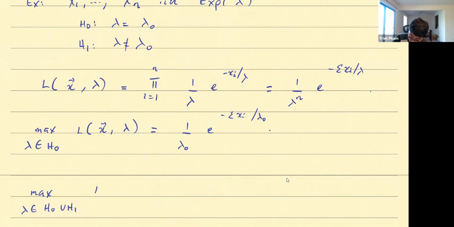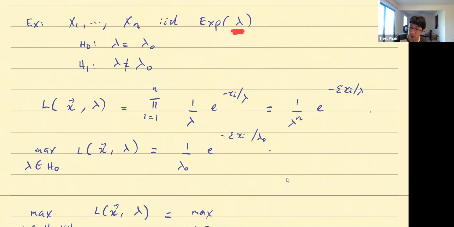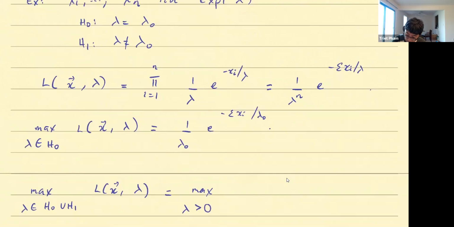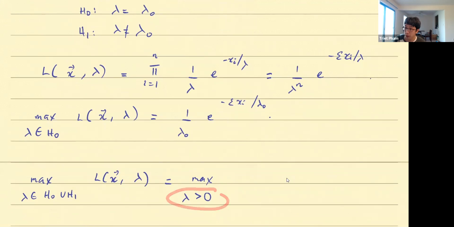Under a null, lambda equals lambda 0, and under the alternative, lambda not equal to lambda 0. So that's the max over everything. And everything here, of course, is lambda positive, because lambda is the rate of the exponential distribution, so lambda cannot be negative. When you take the union of both scenarios of the null and the alternative, you get everything, meaning lambda positive.